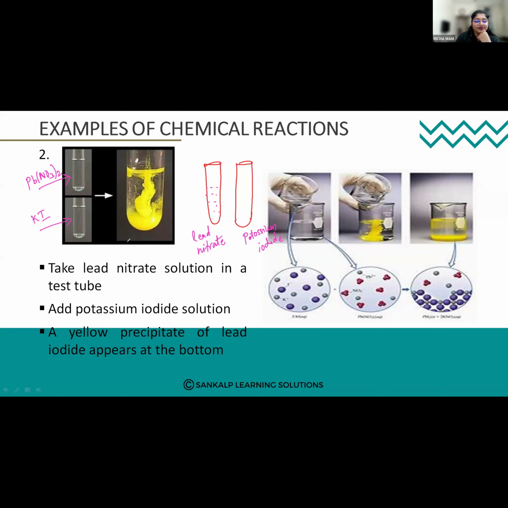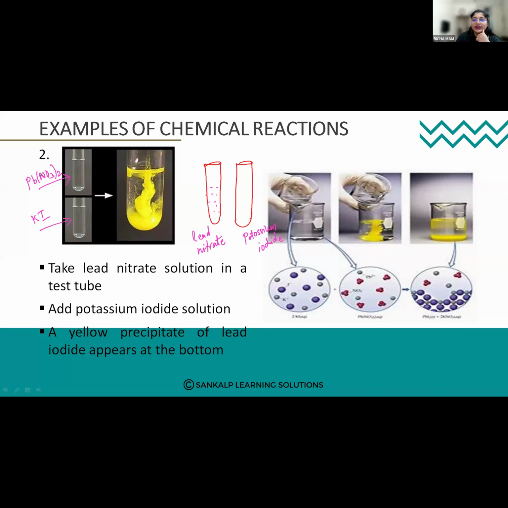Both are colorless. Now what we have done is we are taking the lead nitrate and adding it to the potassium iodide.